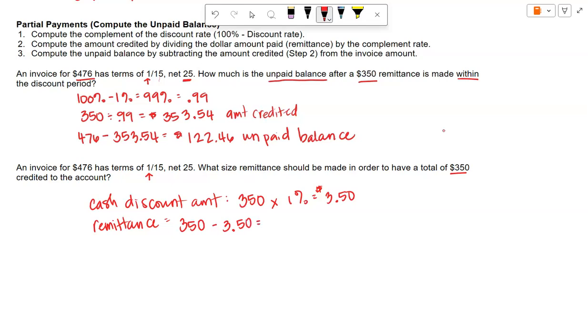And so what this is telling me and what I just calculated is how much I'd have to pay within that discount period for $350 to be credited. Okay, so this tells me that if I paid $346.50 within this 15-day discount period, I would have $350 credited to my account.